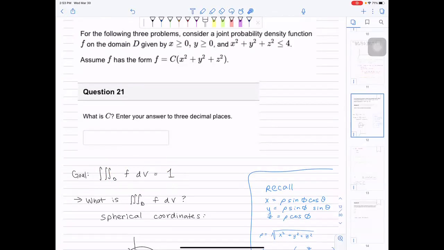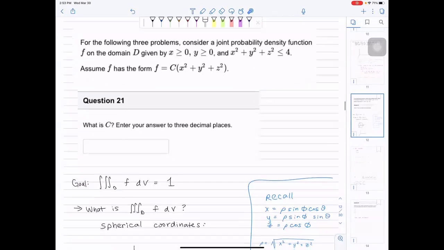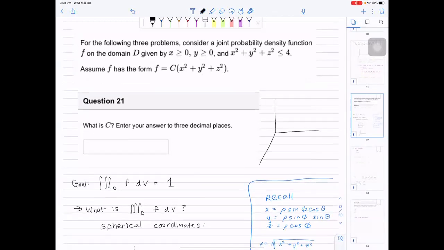Or first, let's just draw our shape. X squared plus y squared plus z squared less than or equal to 4, that's a sphere. X is greater than 0. Y is greater than 0, but there are no restrictions on z. Z can be anything. So what part of our sphere should I shade?